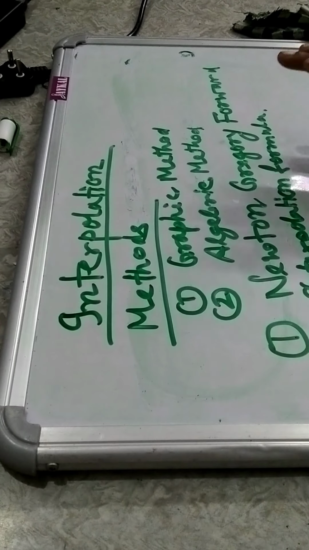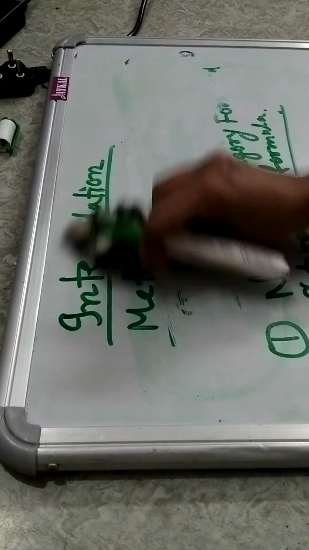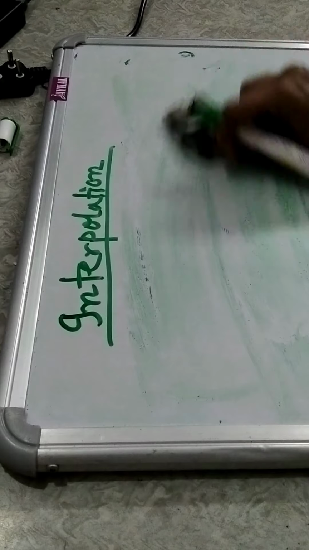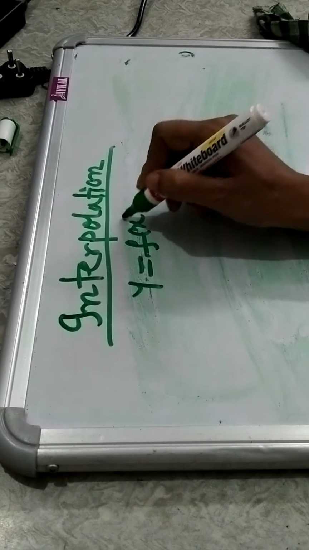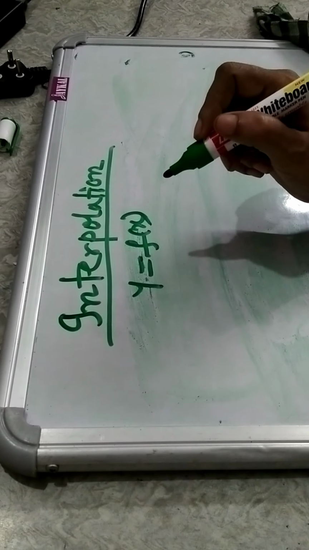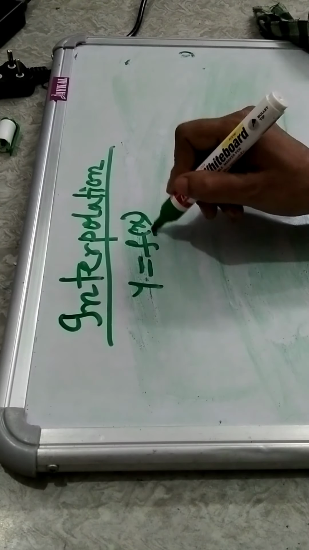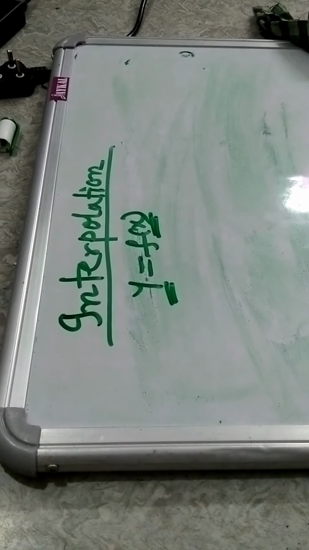You are required only the statement and its application. Now the statement is, let y is equal to f(x) be a function where x is the independent and y is the dependent variable.